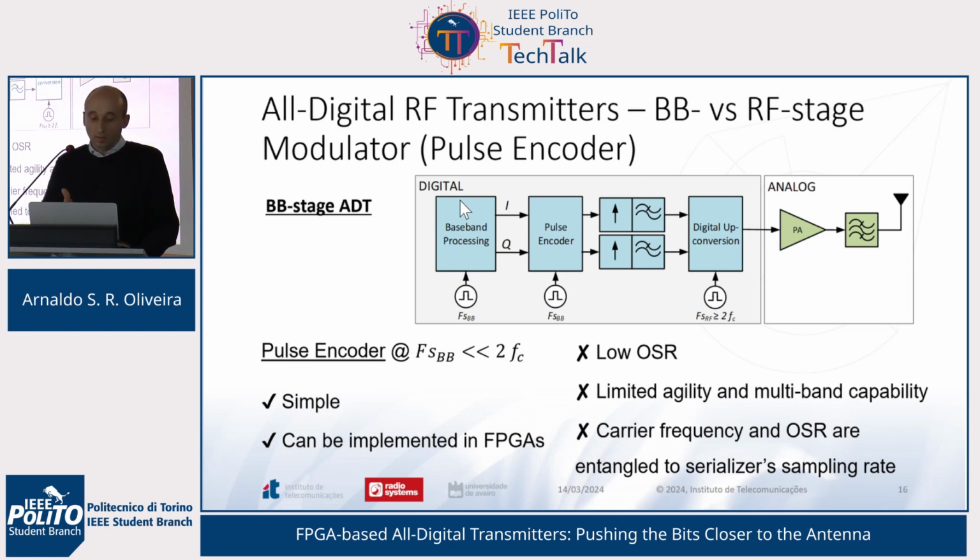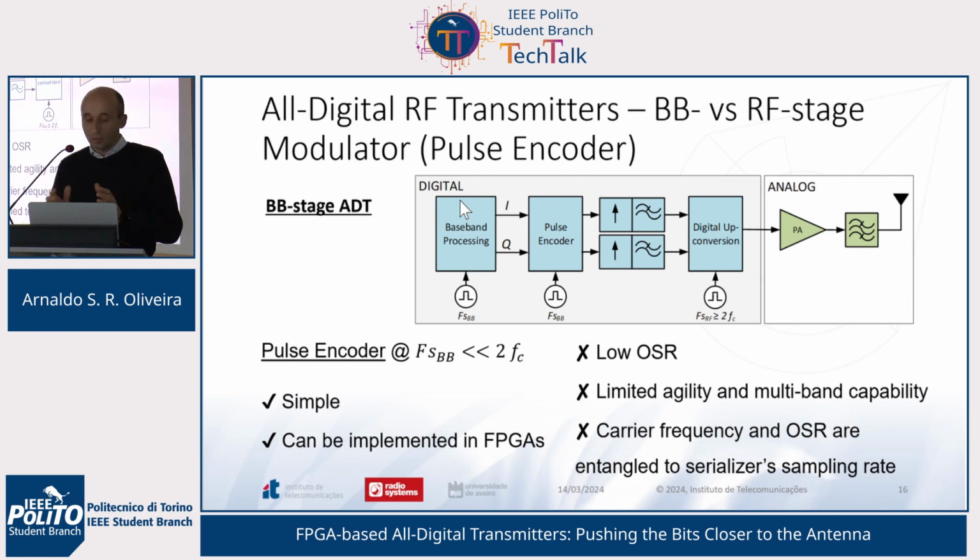Which means that besides being simple to implement on FPGAs, it has a low oversampling ratio, and it has limited agility and multiband capability. Why? Because the agility is determined by the flexibility we have at baseband, so when we convert the signal to the carrier, the agility, which means the granularity of the carrier frequencies that I can select, is degraded.